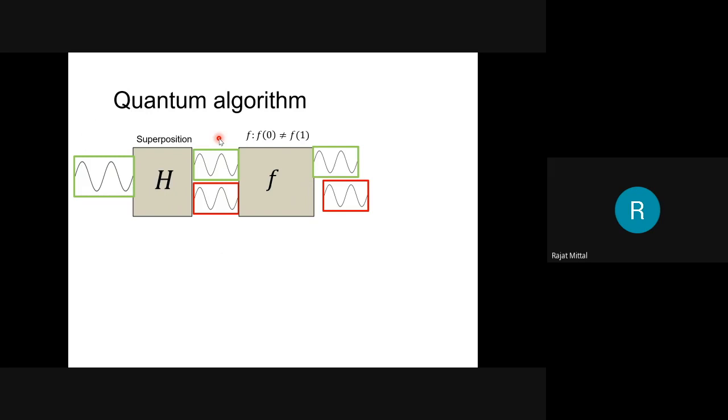So what I will get is something like this. You see that there is a phase mismatch. What the oracle does is apply a phase on these waves according to whether they are zero wave or one wave. So if f0 was not equal to f1, the phase applied is different on these two. There is a phase difference between these two. And then when I collect the amplitude using Hadamard, I get nothing because this is a destructive interference.